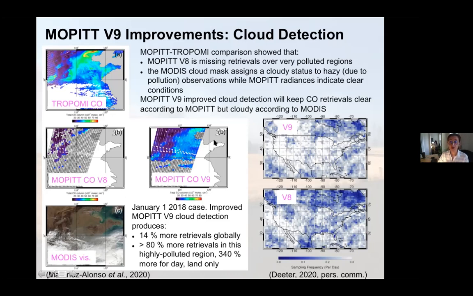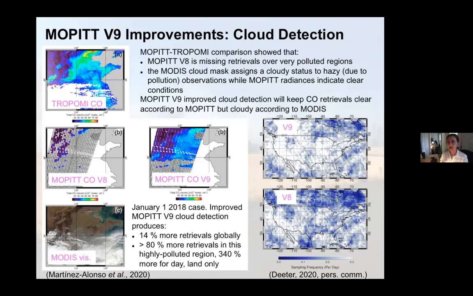So in here you have the same region, the same day as these other maps in V9, and you can see that the number of retrievals has increased in this case. And looking at only daytime land data, it has increased by 340%.